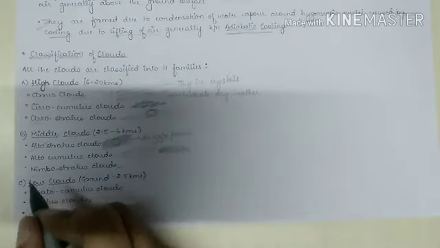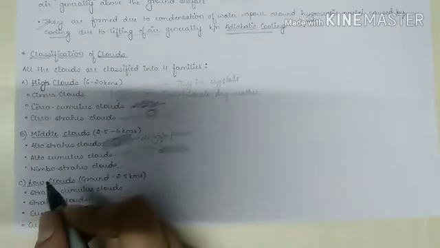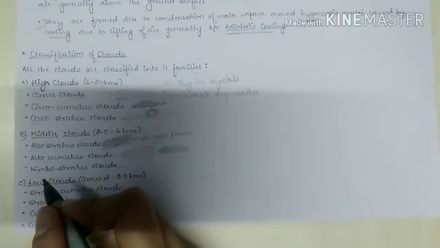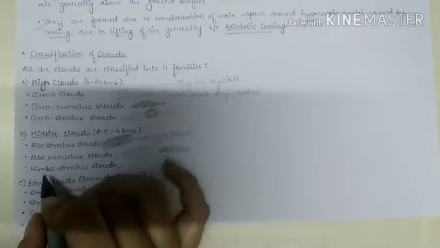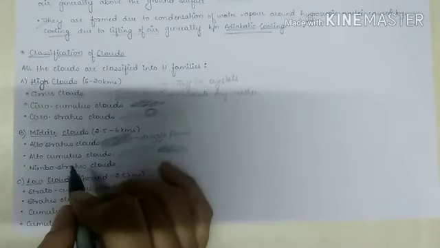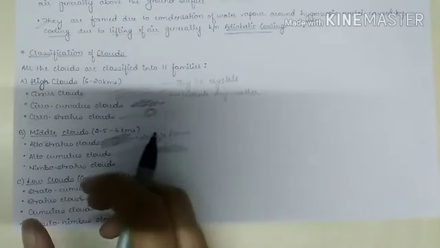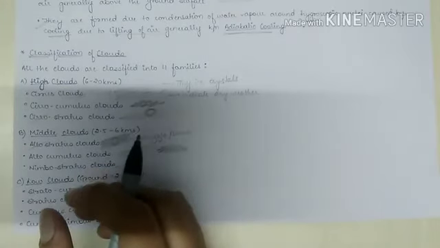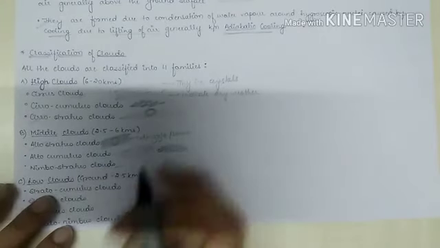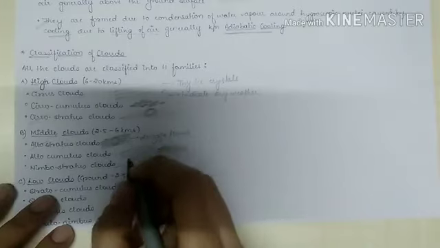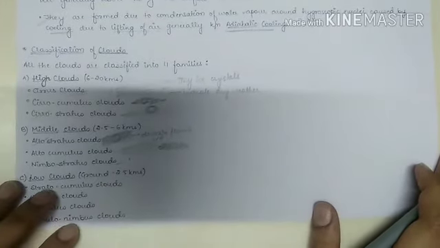Nimbo means rainstorms. So they are associated with rain, snow, sleet. But these nimbostratus clouds are never accompanied with thunder, lightning, or hailstorm. They simply cause rain, sleet, or snow.